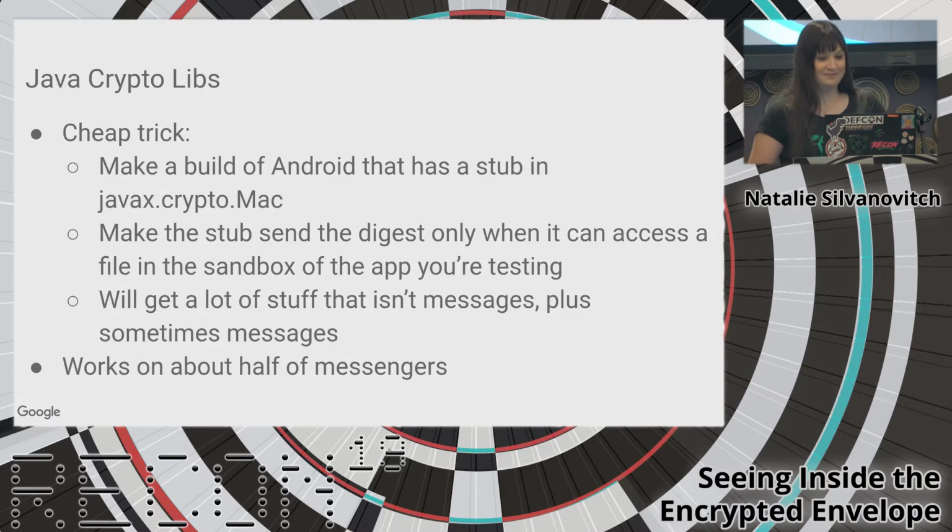So then I moved to, this is my favorite cheap trick. I have a build of Android that has this send-to-the-server stub in javax.crypto.Mac. And you can limit this to only calling the stub when you're in the application sandbox. If you make it access this file in the sandbox, and if you can access it, then send whatever you're MACing to the server.